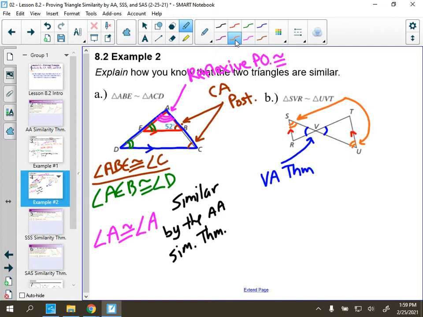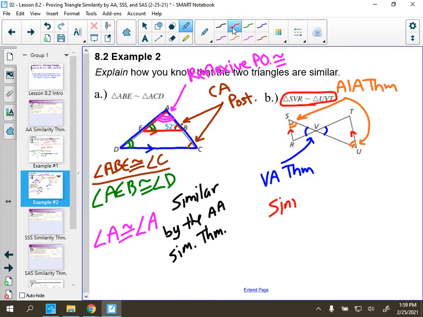How do I know angle S has to be congruent to angle U? Because of the alternate interior angle theorem. Those are congruent, and now we've met our criteria. I've got two pairs of angles congruent. Now we can say the triangles must be similar.